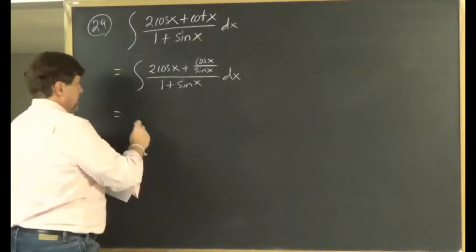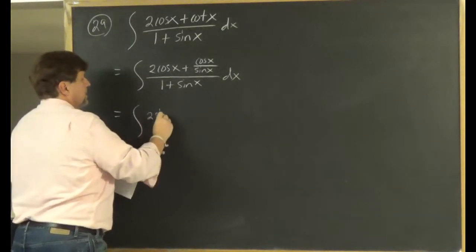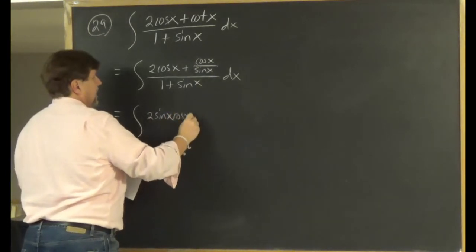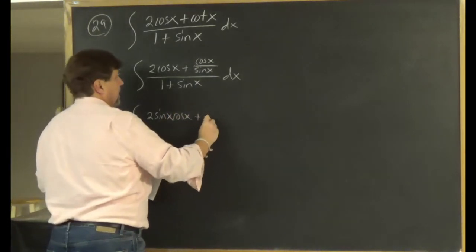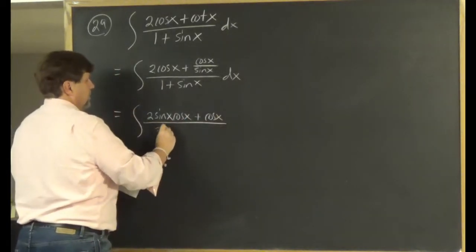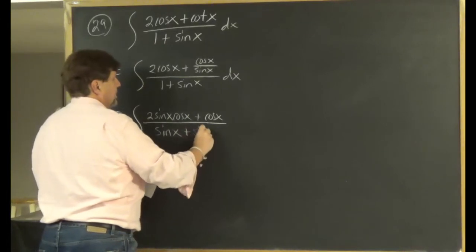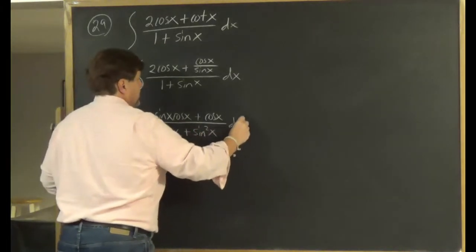And look what that gives us. It gives us 2 sine x cosine x plus cosine x all over sine x plus sine squared x.